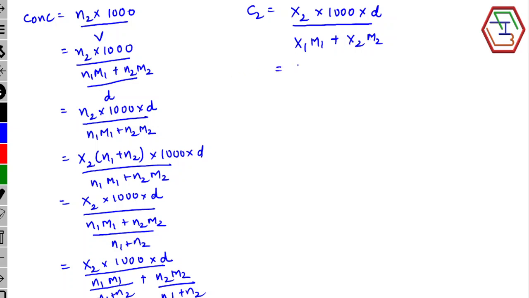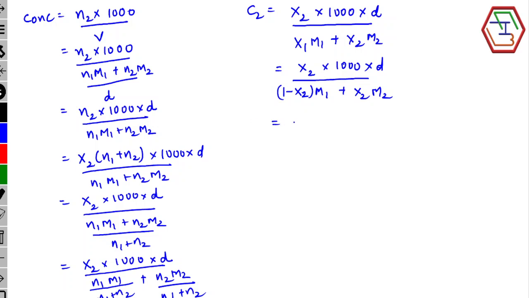Now सब्जेक्ट किसको बना रहे हैं? सब्जेक्ट बना रहे हैं कंपोनेंट 2 को. तो मोल फ्रैक्शन into 1000 density, x1 can be written like this: 1 minus x2, M1 plus x2 M2.